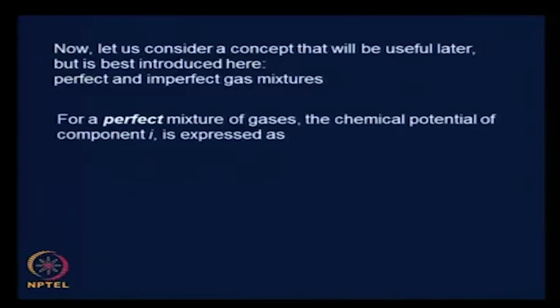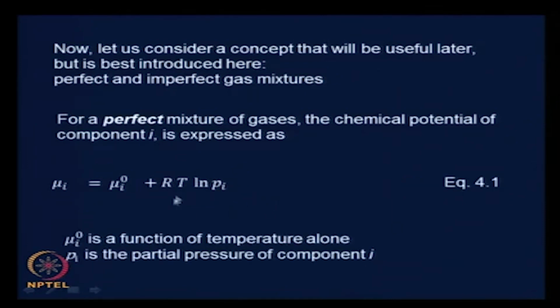The perfect gas mixture is one for which the chemical potential of each component i is expressed as mu i equals mu i naught plus RT ln Pi, the partial pressure of the component i, where mu i naught is a function of temperature alone as earlier. This is a perfect mixture of gases.